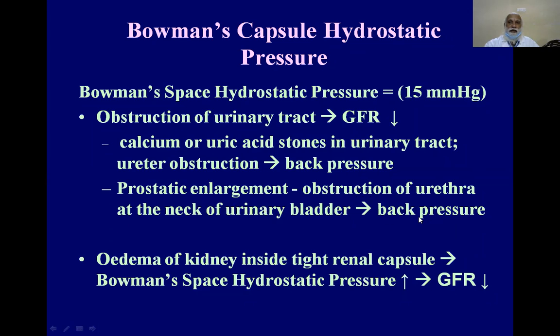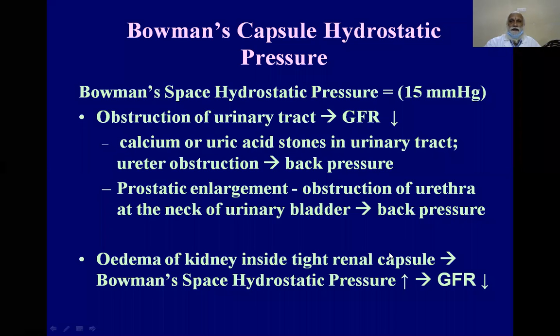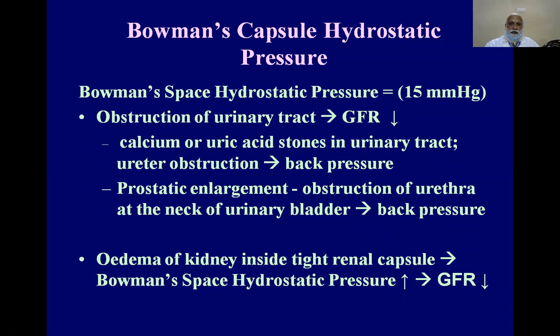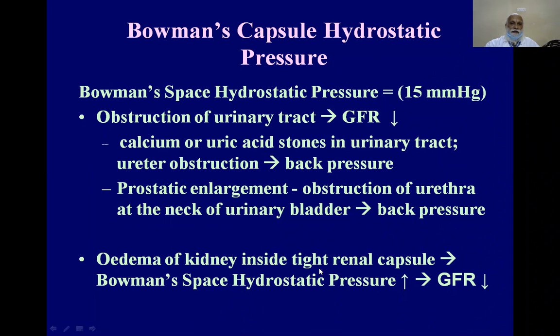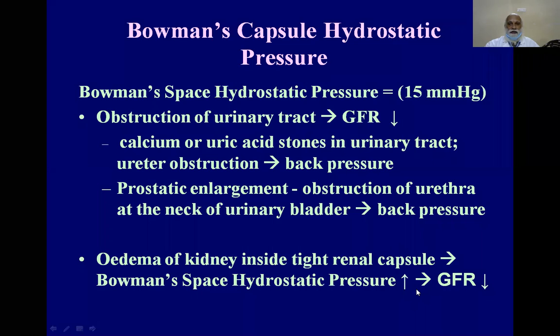So that causes back pressure again into the ureters and into the kidney. And suppose there is edema of the kidney inside the tight renal capsule. The renal capsule is a fibrous kind of protection, and that doesn't stretch much. So if there is any edema, then the inside pressure is increased, and Bowman's space hydrostatic pressure also increases. GFR may decrease.